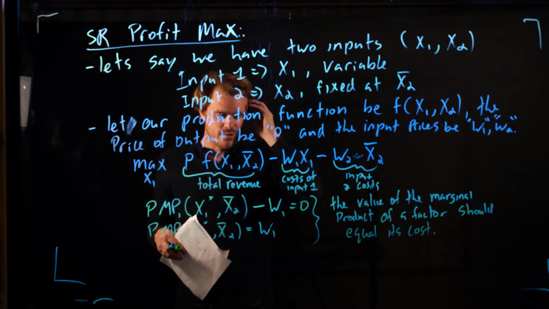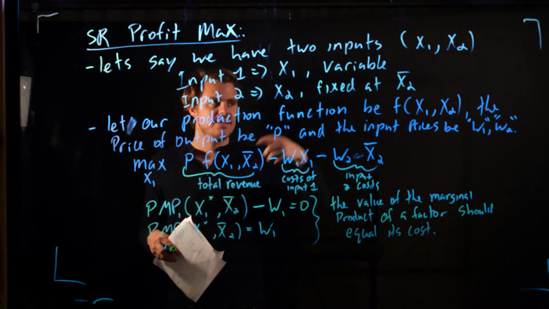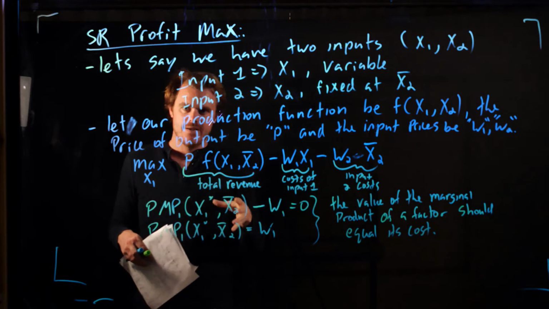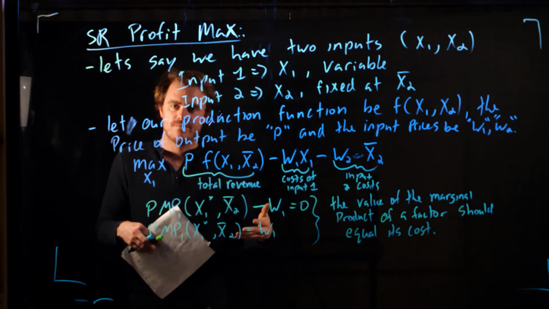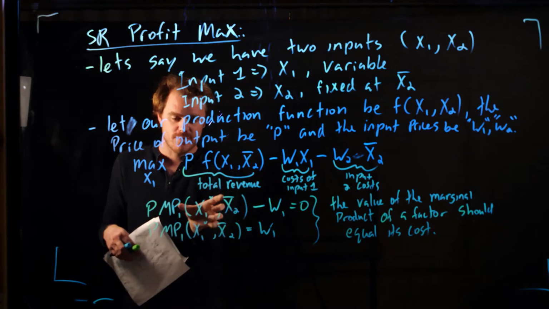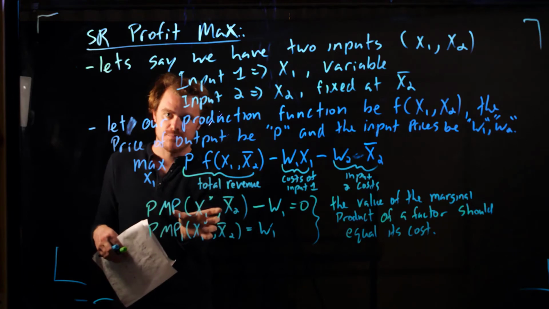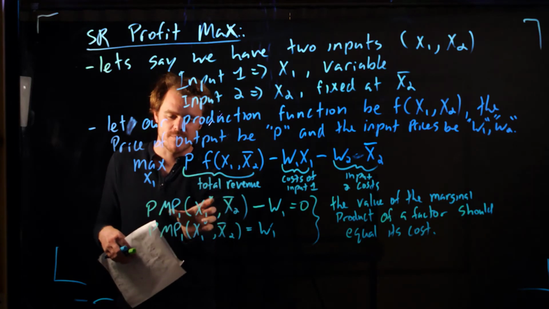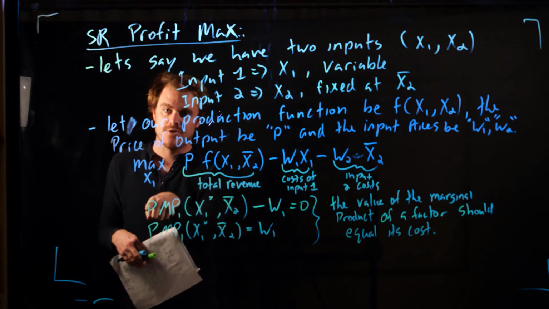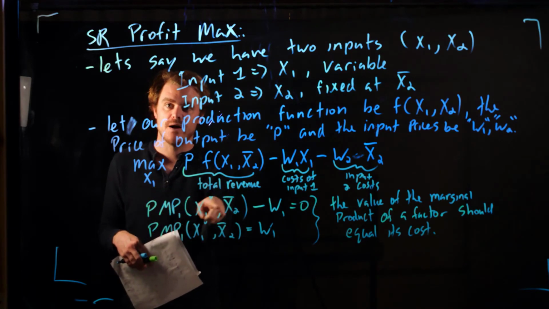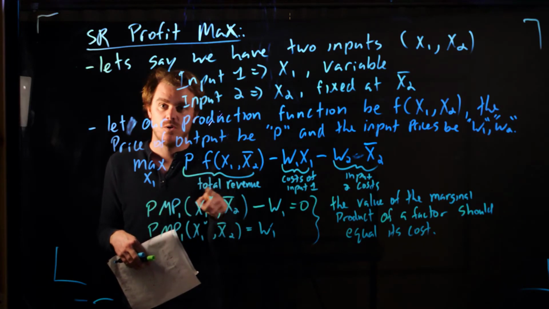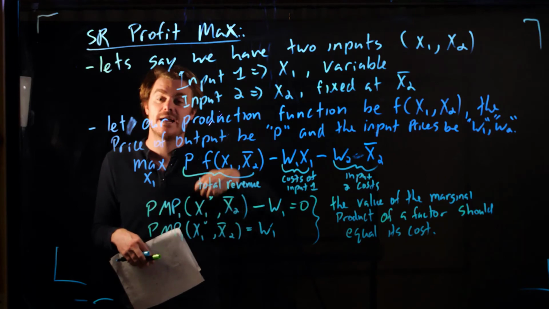So let's think about labor. Let's say that's the input we get to vary. What this is saying is the money we generate from using one more person as part of our production process: they're going to produce a certain amount more, which is the marginal product of labor, times the price we get to sell that extra production for. That's how much more revenue we get from hiring that extra person for an extra hour.